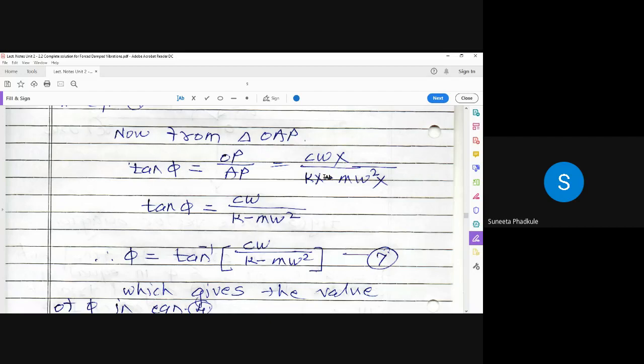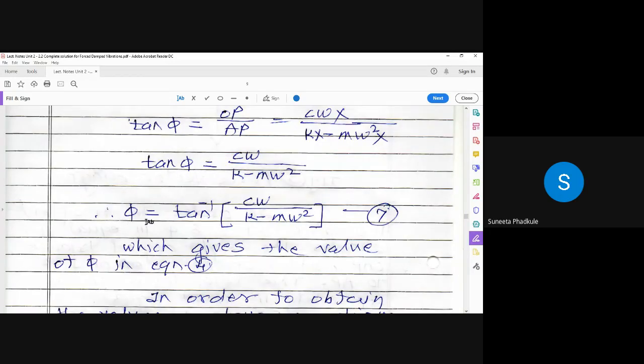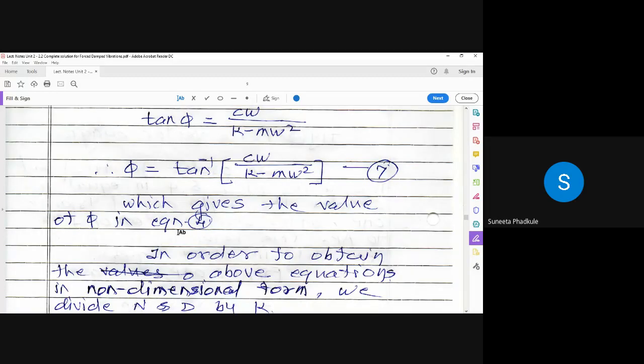So from numerator and denominator, x will be cancelling out. So what is remaining? cω upon k minus mω². So what is the angle phi? Phi is equal to tan inverse of cω upon (k - mω²). So I got the values of x and phi.